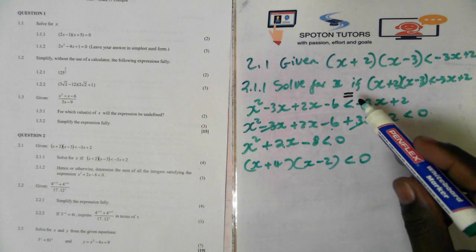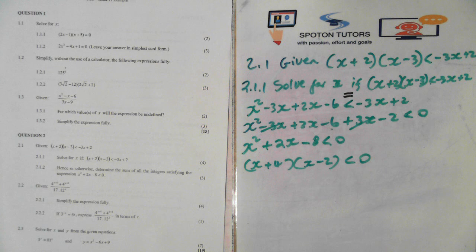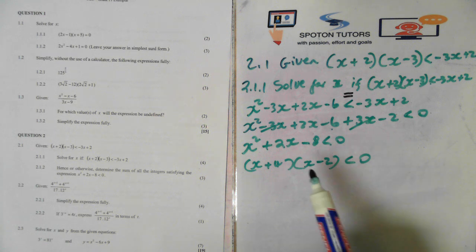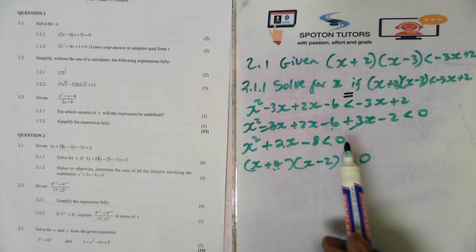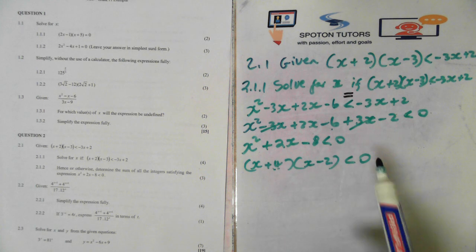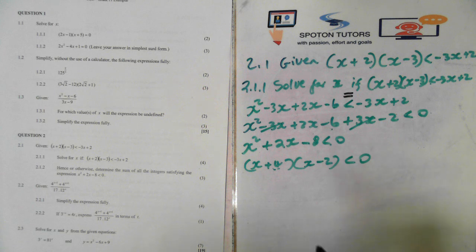So what does this mean now? If you apply that knowledge at the back of your mind, this must mean one thing only. The value of x will be this in an opposite sign, and the value of x will be this on the other side. So what does that mean? I really wish that you would imagine it the way I'm telling you.